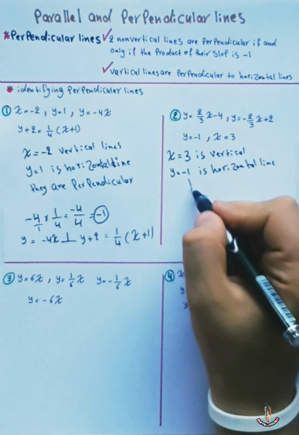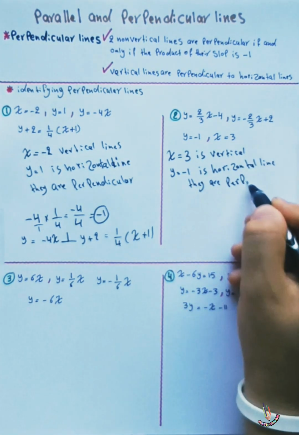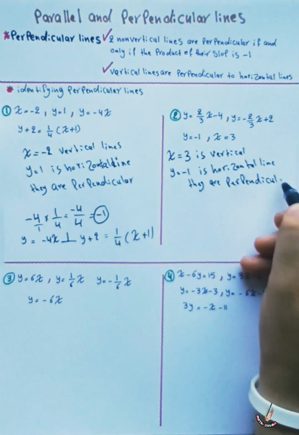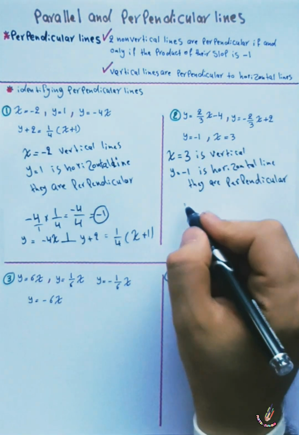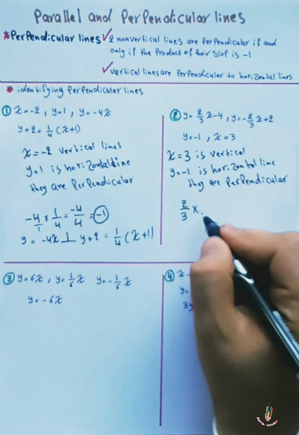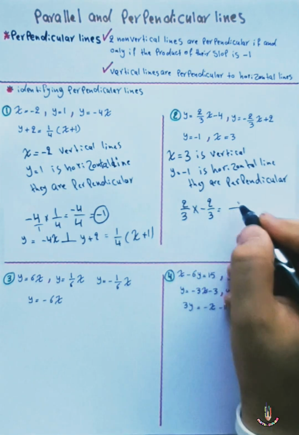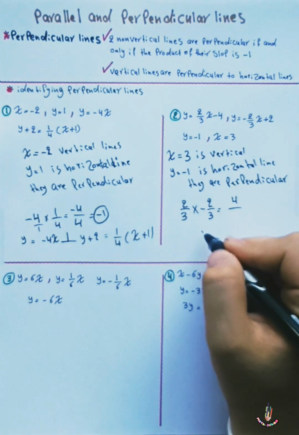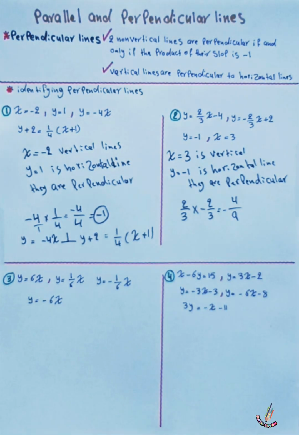So we can say they are perpendicular. And then the slope for this line is 2 out of 3, and the slope for this line is -2 out of 3. When we multiply, we will get 2 times 2 is 4, 3 times 3 is 9. We have -4 out of 9, so these two lines are not perpendicular lines.